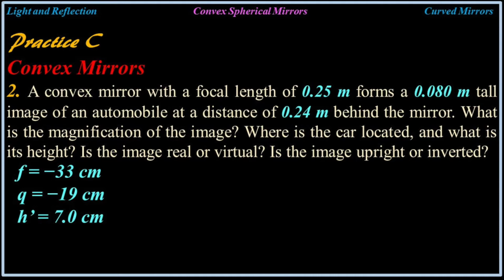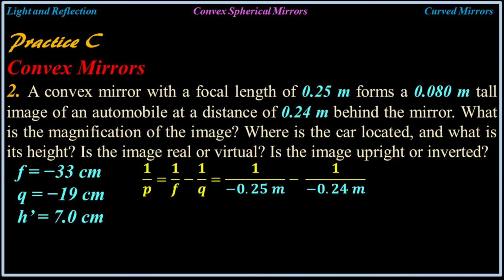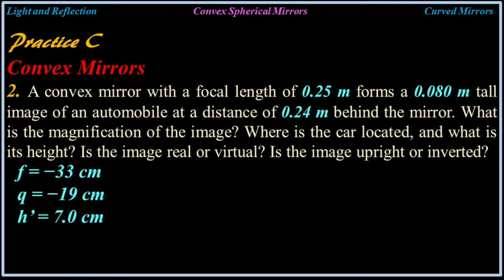Okay, so here are the given values. Here's the equation. We're going to solve for p. You should be getting to be an old pro at this by now. p is 6 meters. And now what? Now we're going to solve for m.